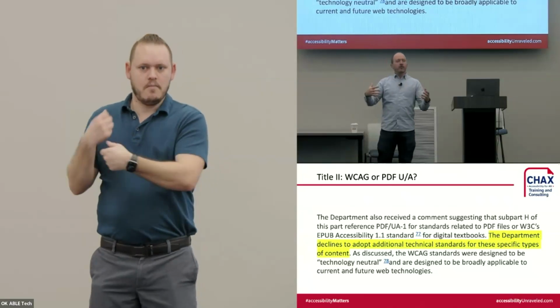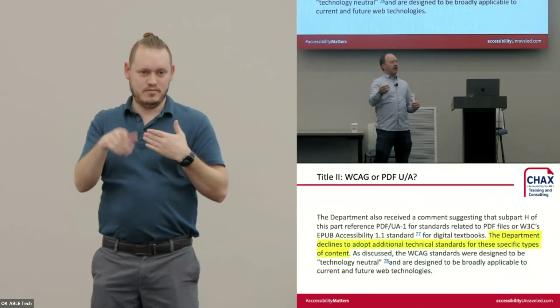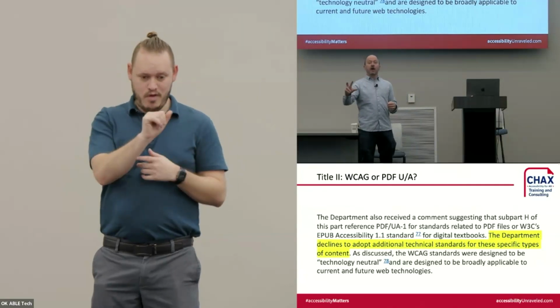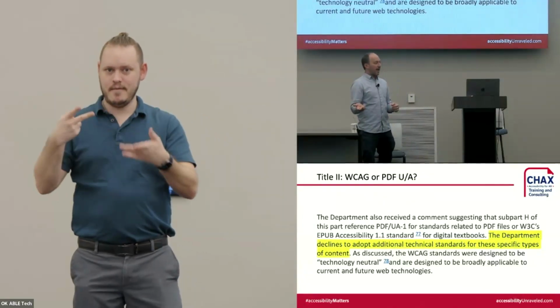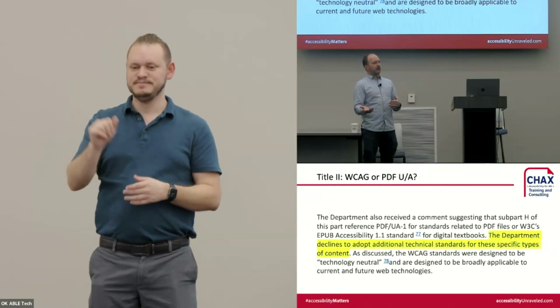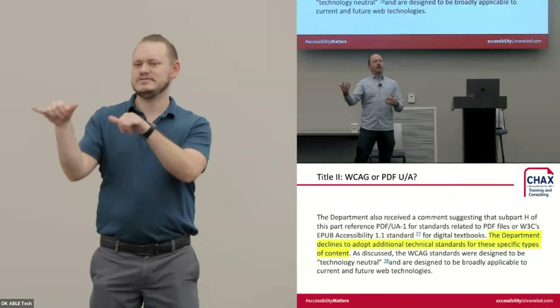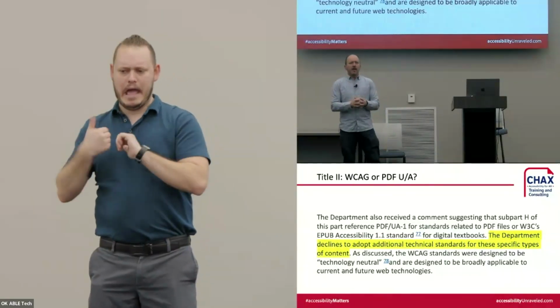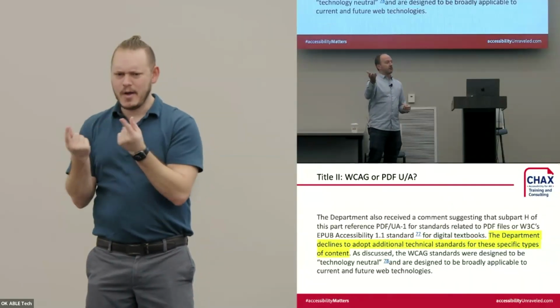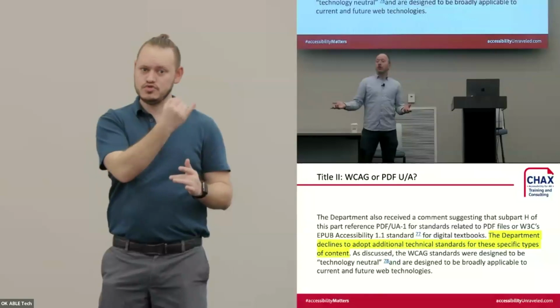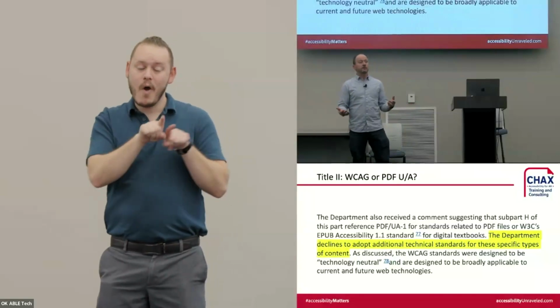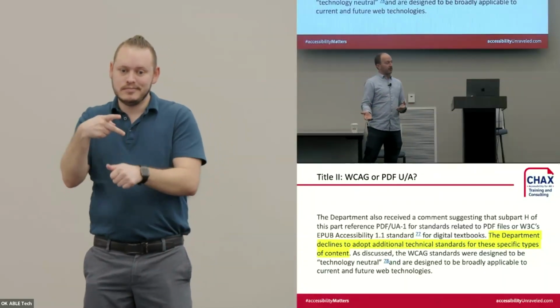Now, those of you in the know might be aware that in addition to WCAG, there's another standard for PDF documents called PDF UA. That is another standard that kind of guides us in how to make our content accessible. And somebody did reach out to the DOJ and they said, hey, you should also allow us to use PDF UA as a standard.